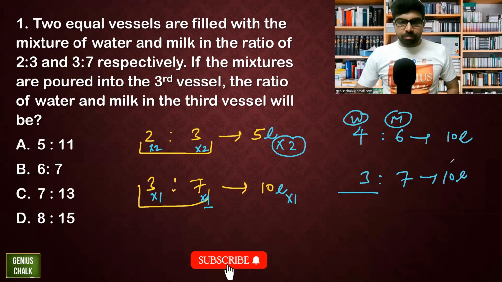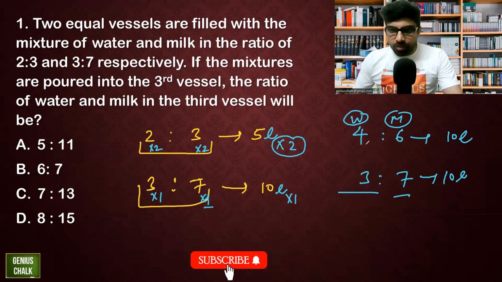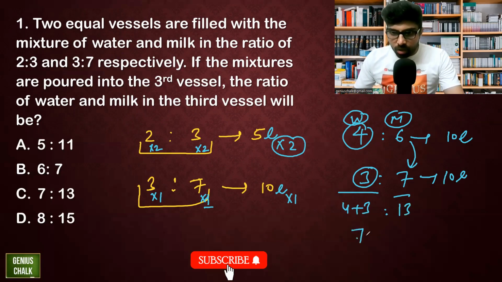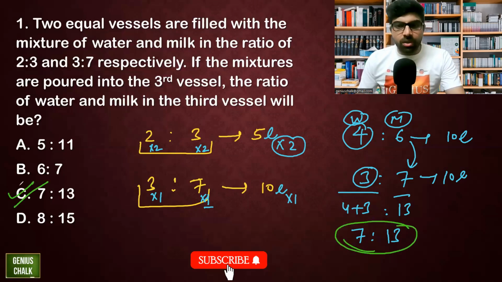If I mix them, water will be mixed with water and milk with milk. So that is 4 plus 3 to 6 plus 7, that is 7:13. I hope the concept is clear. 7:13 is my answer. That is option C.